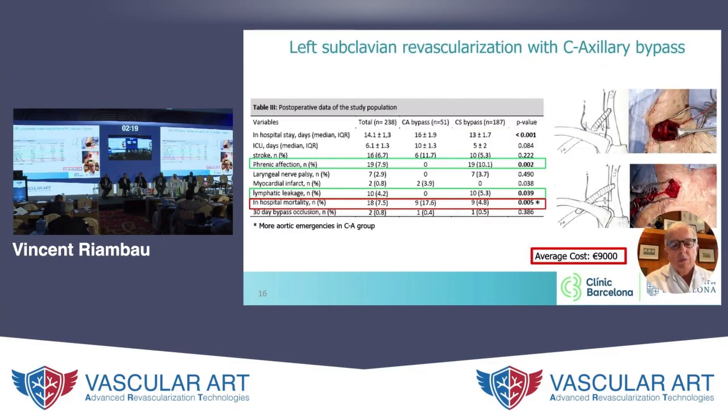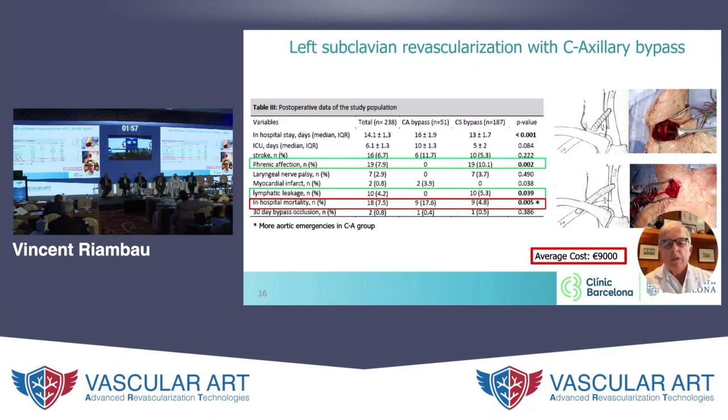It's important to recognize that if you change the left common carotid artery for the axillary artery, then you can reduce the phrenic affection as well as the lymphatic leakage. That could be beneficial in terms of morbidity reduction.